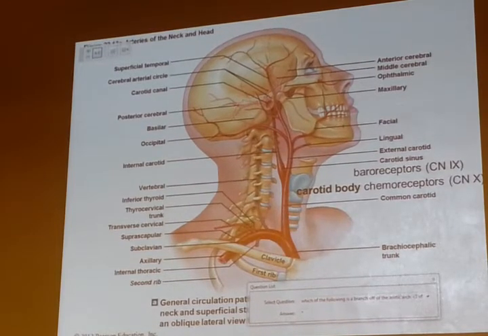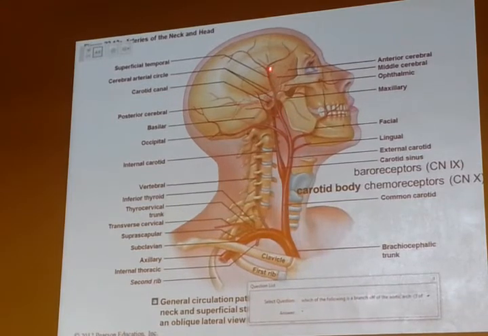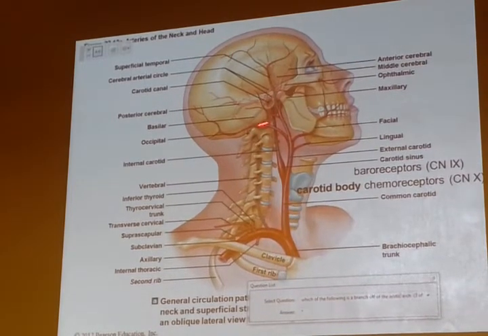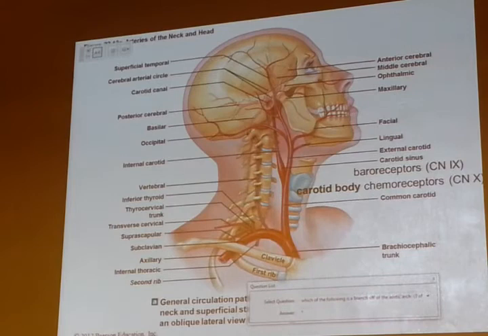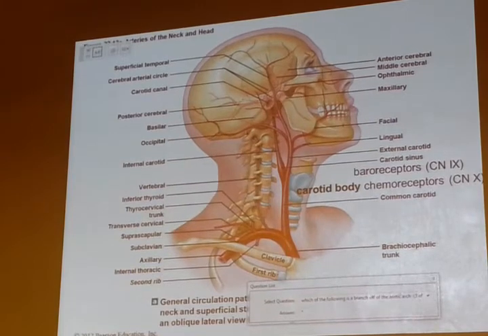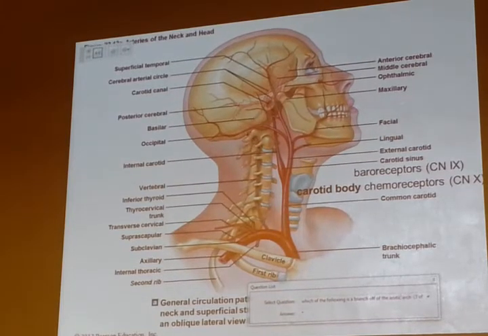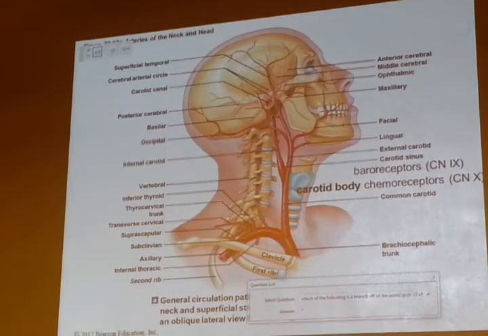That's indicating it's inside the skull. The external carotid is coming out and it's shown darker on the surface of the skull. So external carotid is going to your scalp, to your hair follicles, to the tissues on the outside of your skull. But internal carotid is going to your brain, to structures inside.